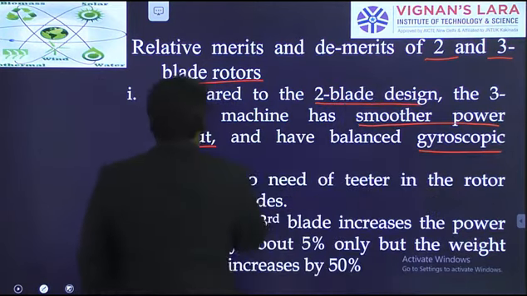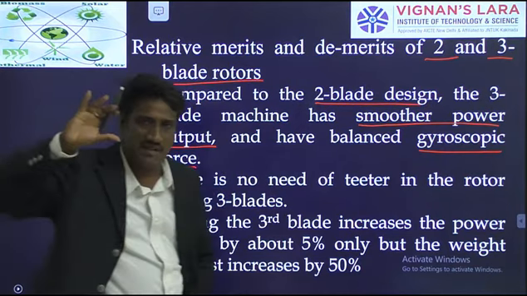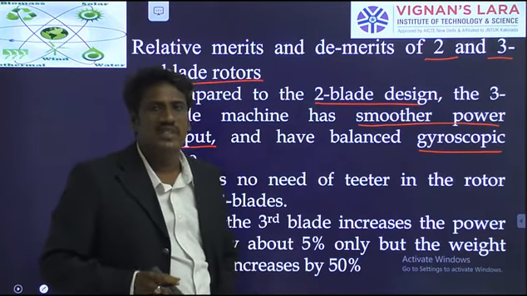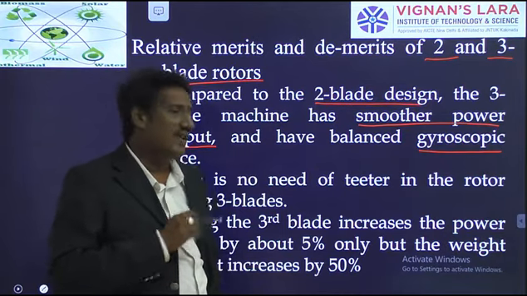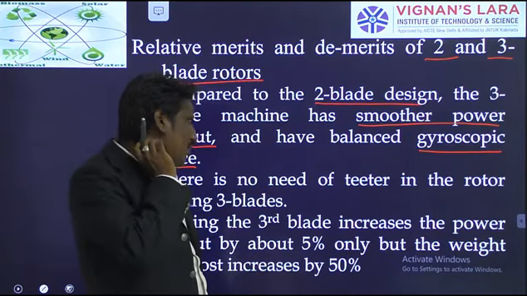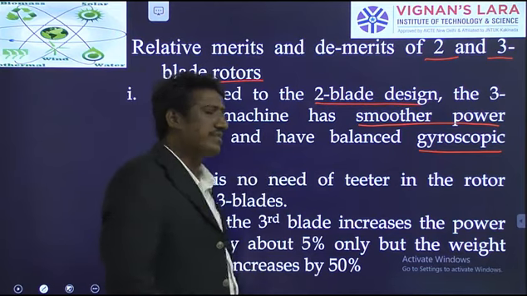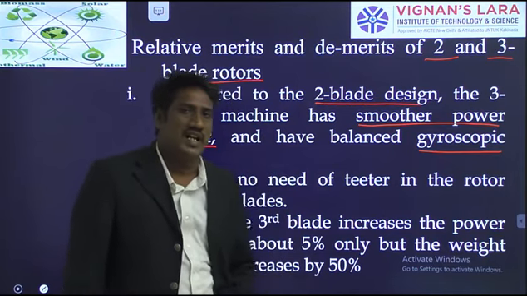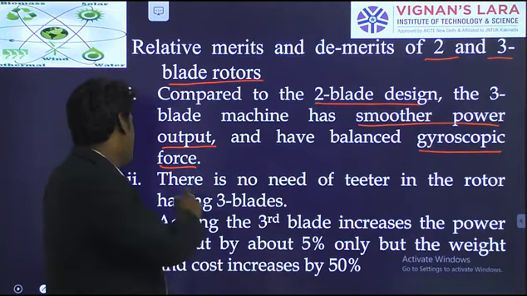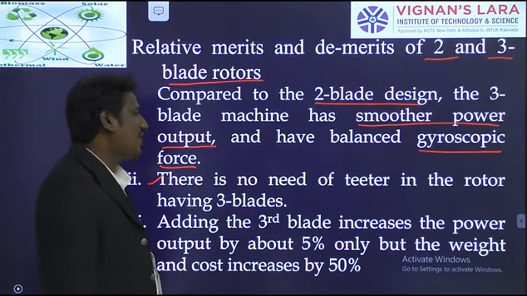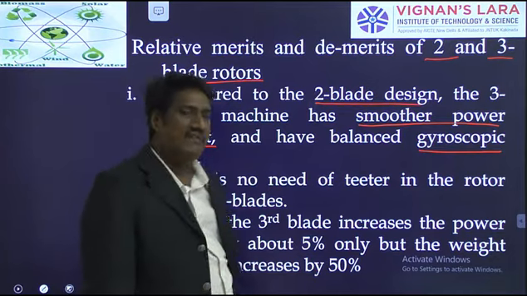Since a balanced force is applied on the blades, you get a balanced output. In a 2 blade structure, you may not have that much smoother power. And the second point is that there is no need of a stator in a rotor having 3 blades.